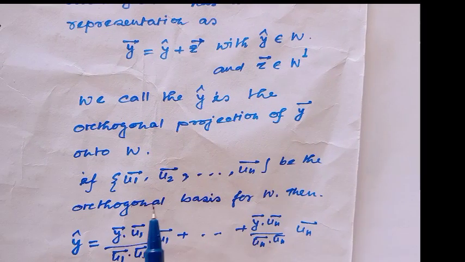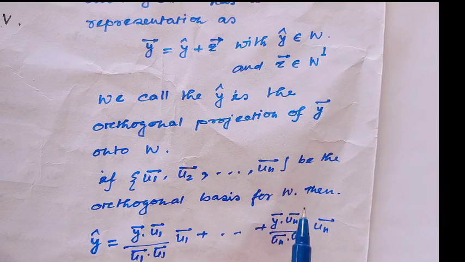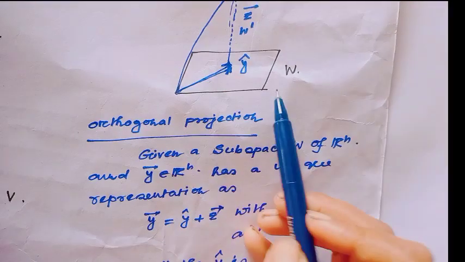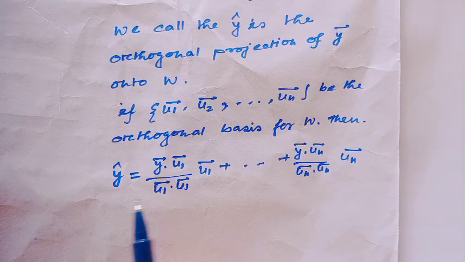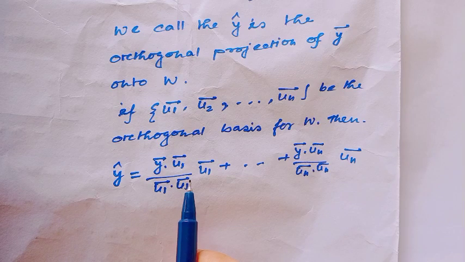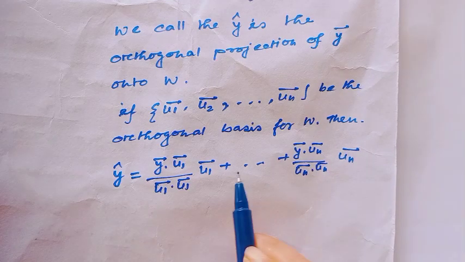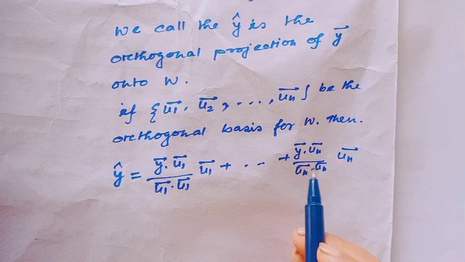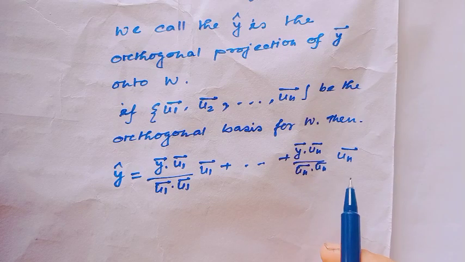And if u1, u2, up be the orthogonal basis vectors for the subspace W, then the orthogonal projection, which is denoted as y hat, is equal to y dotted with u1 over u1 dotted with u1 times u1, plus, this would continue, plus y dotted with up over up dotted with up times up.